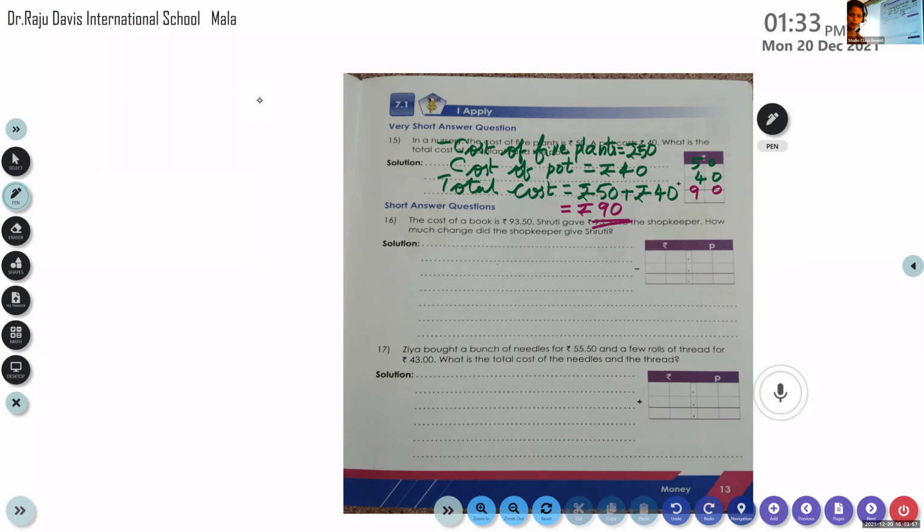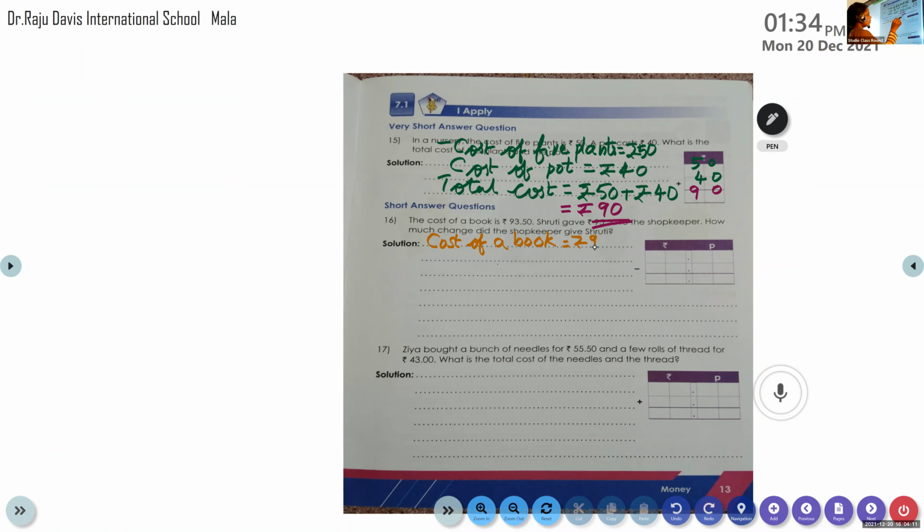So let's write the steps. Cost of a book. It's already given here. Rupees 93, 50 paise. Amount paid to the shopkeeper, money given. Paid to the shopkeeper.